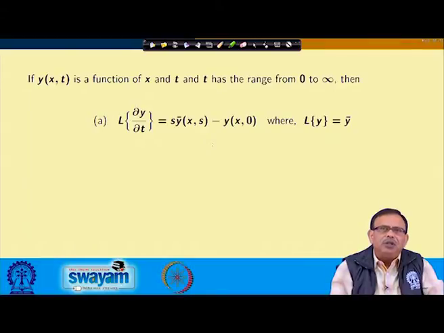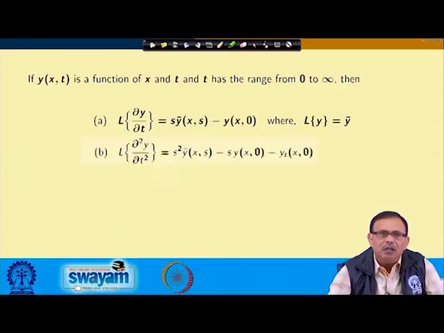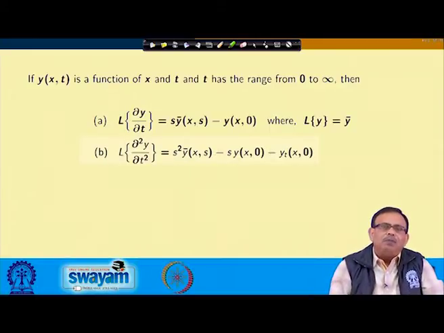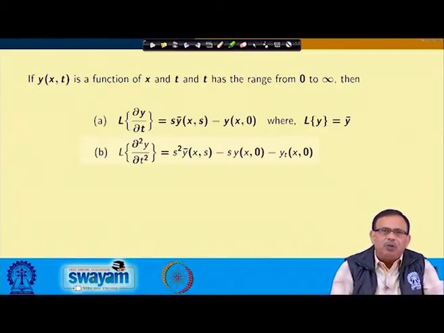At t equals 0, the value of the function should be known to us. Otherwise, I cannot use Laplace transform. Please note this one. Similarly, the Laplace transform of the second order partial derivative, del 2 y by del t squared, equals s squared y bar of x, s minus s y of x, 0 minus y t of x, 0.